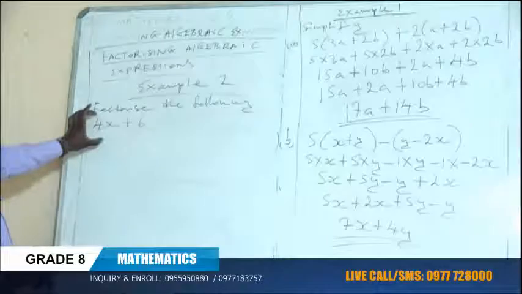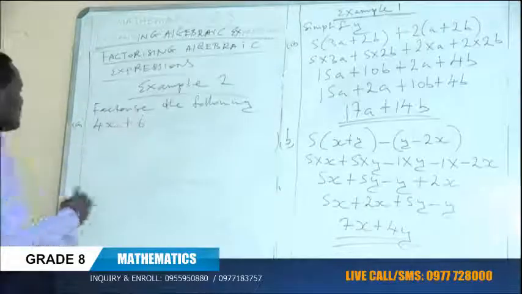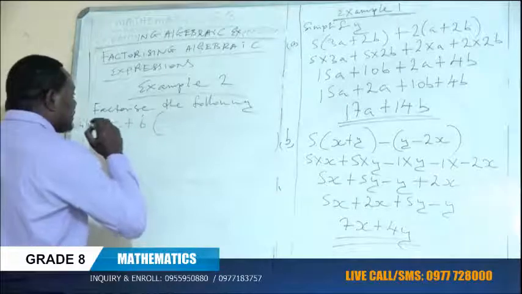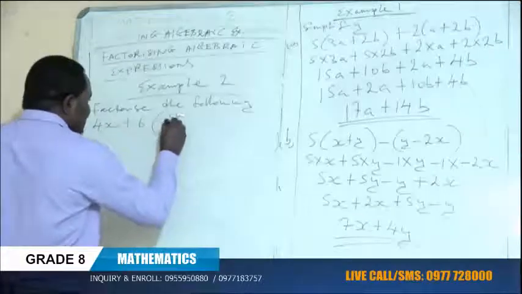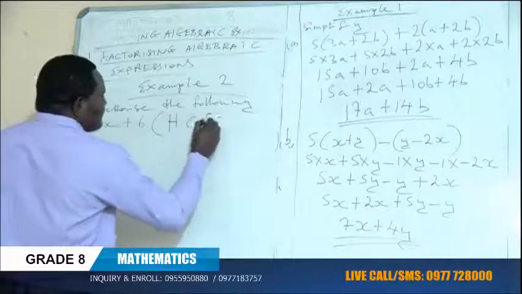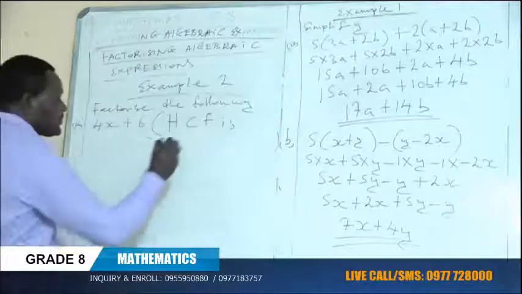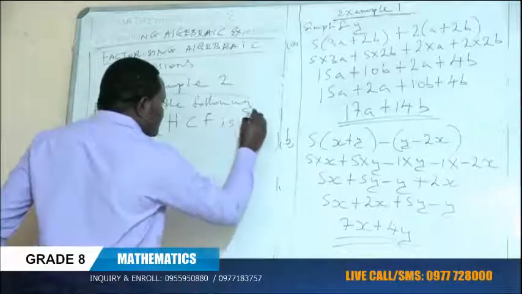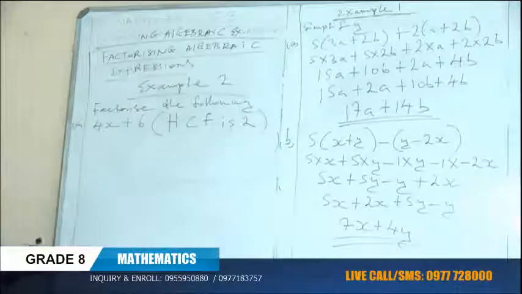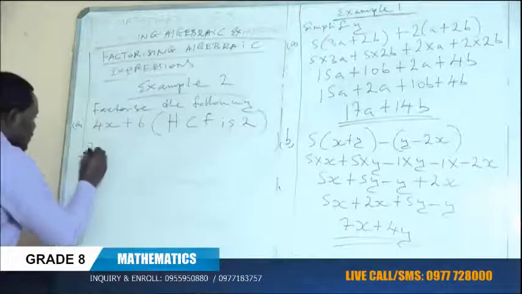So in this expression, 4x plus 6, our highest common factor, which I will abbreviate as HCF, highest common factor, will be 2. So we bring it down, it will be 2, open brackets.